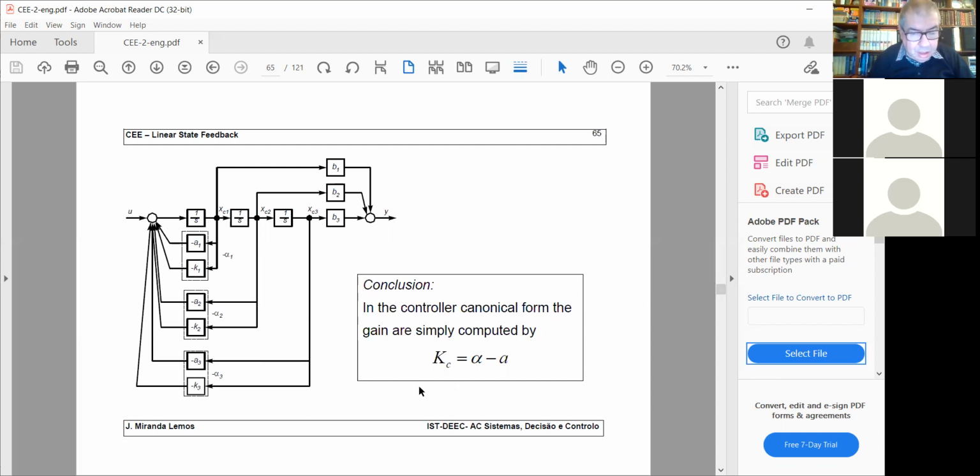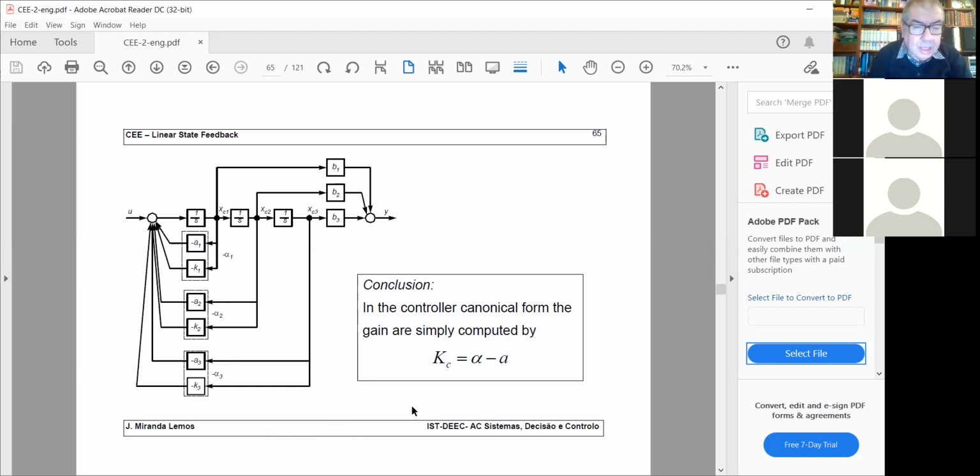So in general, the vector of controller gains in the controller canonical form, so I put here the C to emphasize that, is just alpha minus a, where alpha and a are the vectors of these coefficients a1, a2, a3, and alpha1, alpha2, and alpha3. So you understand the argument up to now.